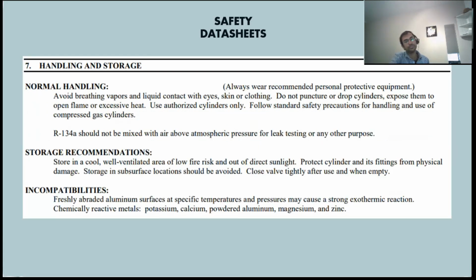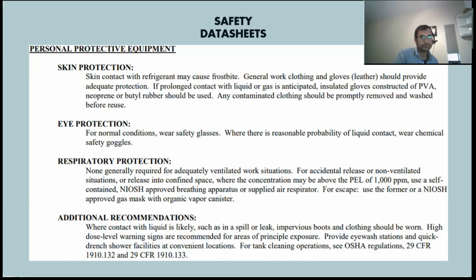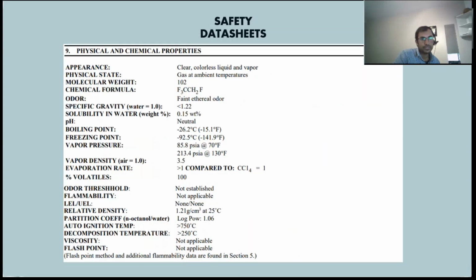Handling and storage details, how to handle during storage, have to be in the safety data sheet, and the personal protective equipment related to the refrigerant will be captured. Physical and chemical properties, such as boiling point, freezing point, and vapor pressure, are captured in the data sheet of this SDS.